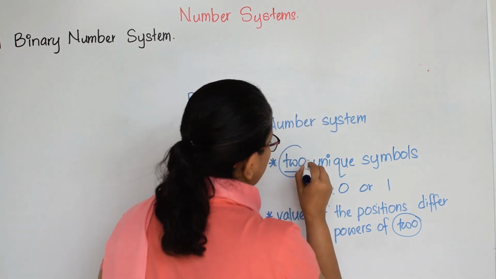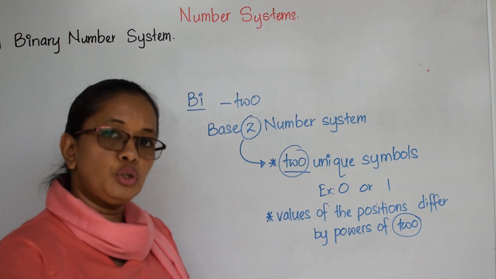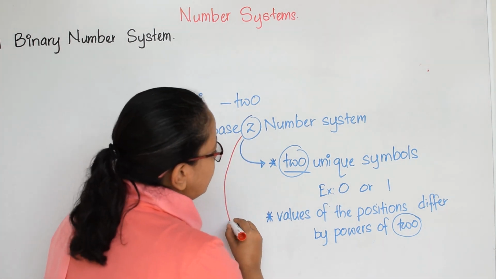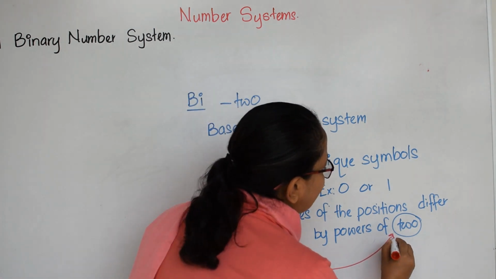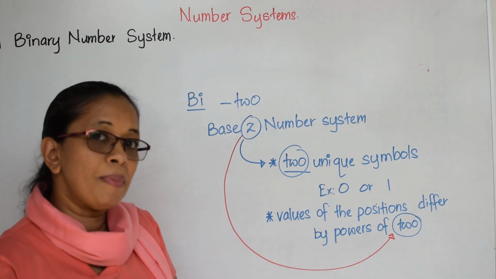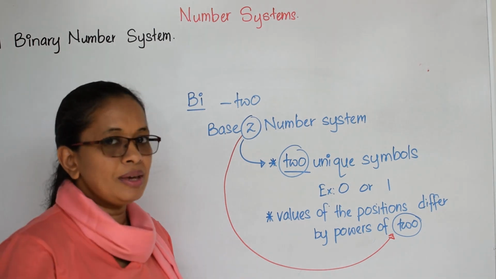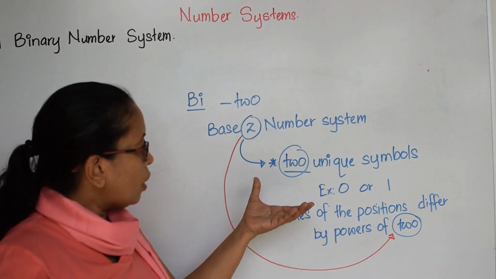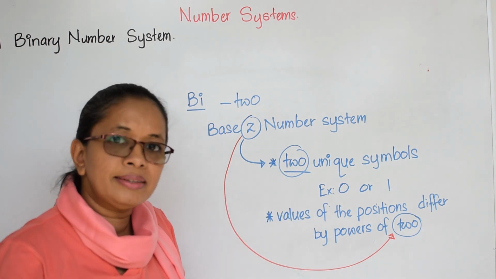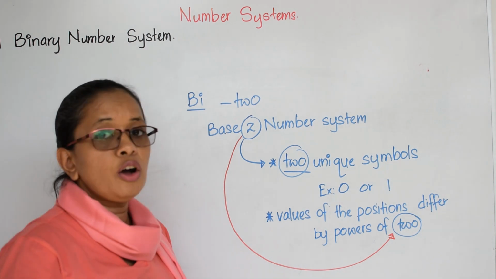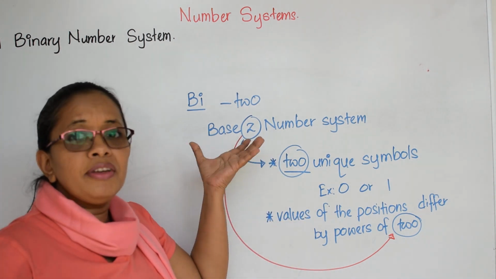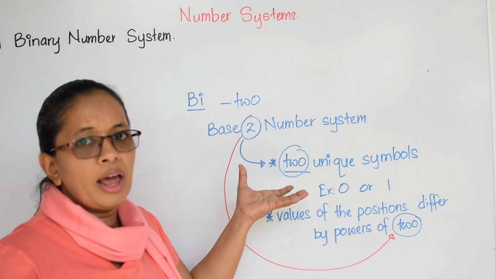That is the pattern that we have understood with the decimal number system, so it is going to get repeated in the other number systems as well. That is why I told you it doesn't matter what the number system is. If you have identified the base value properly, you can understand how many unique symbols there are and how the values are going to differ from each position, because everything is based on that base value.